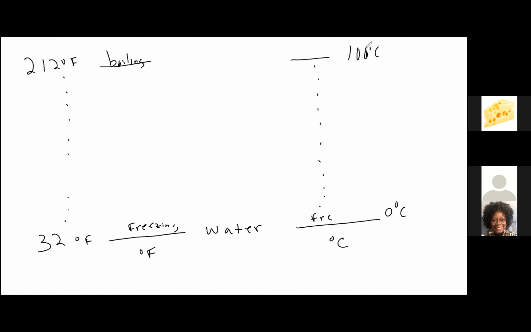So what we see here clearly is that there are 180 units between freezing and boiling on the Fahrenheit and 100 on the Celsius. The main thing we notice though is that on the Celsius scale, it begins at 0.